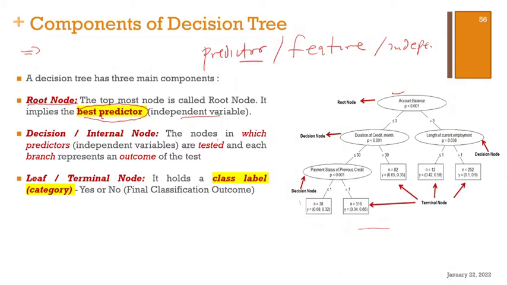See, we have account balance as one of the variables. We have duration of the credit. We have length of the current employment. We have payment status of previous credit. So these are the 4 attributes we have there. We decide to go with this first one. This is the root node, the topmost.